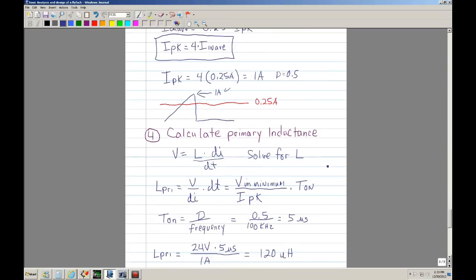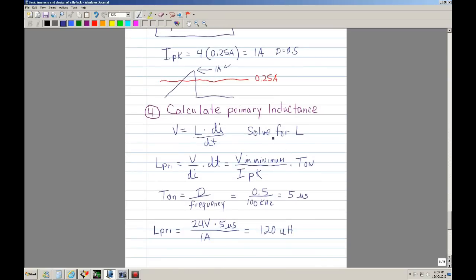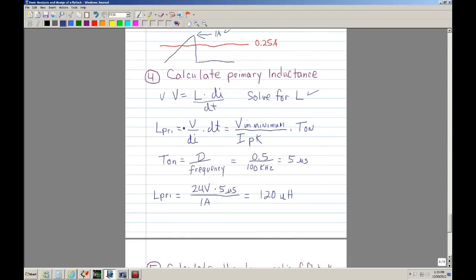With that information, we can now calculate the primary inductance, using the formula we all know, V is equal to L times di/dt. Solving for L, the primary inductance is V divided by di/dt, which is really the voltage in minimum divided by I peak, times T on.